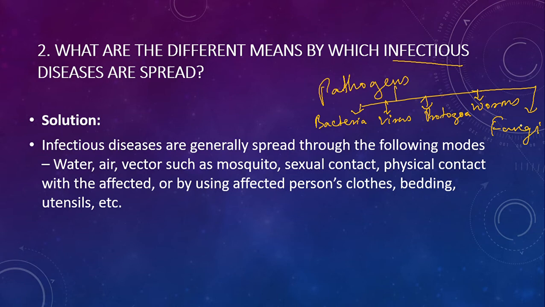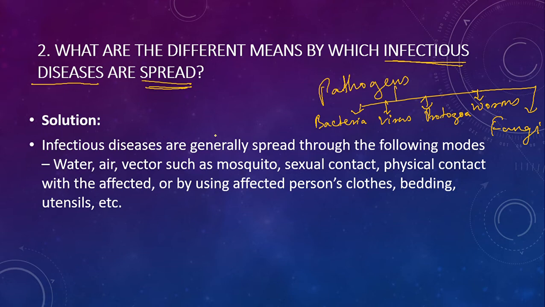Okay, there are 5 types of pathogens that cause any kind of health problem in us. The diseases caused by these 5 are known as infectious diseases. And the main characteristic of infectious diseases is that they spread from one person to another person.